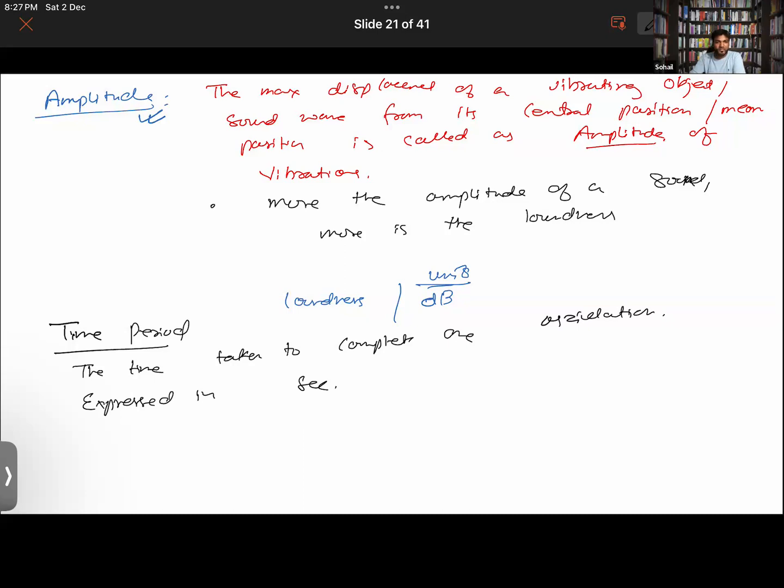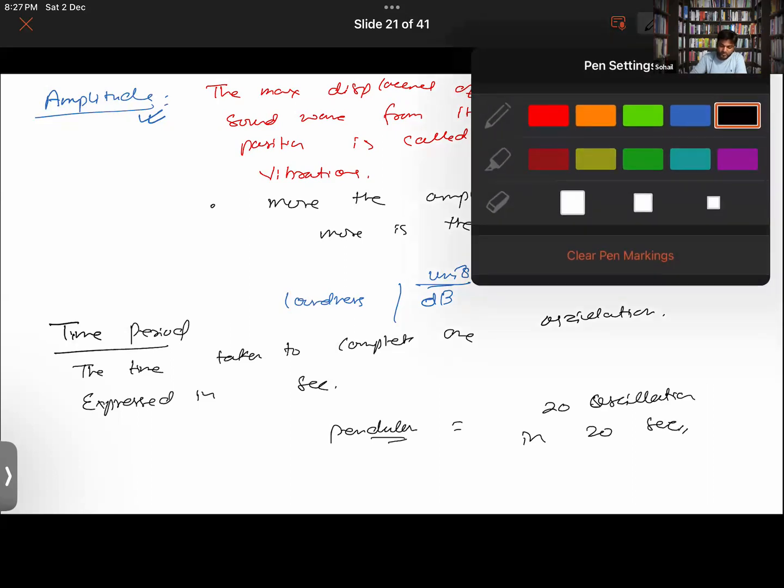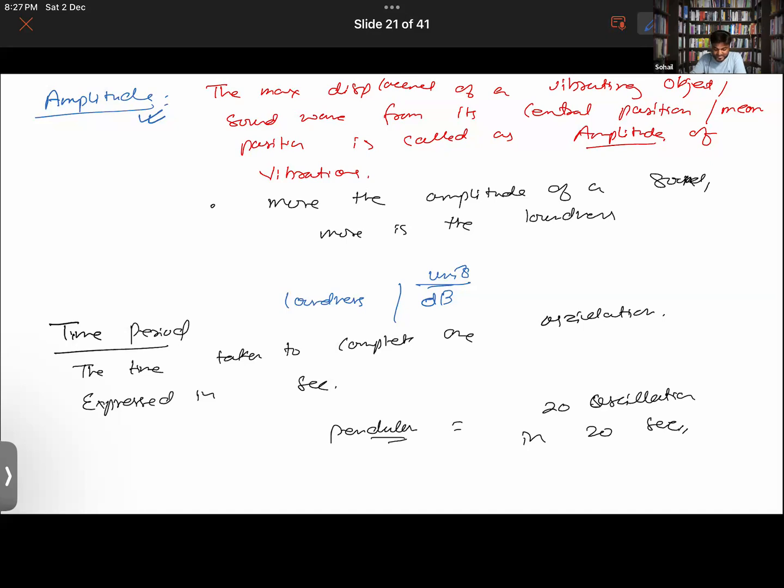So for example अगर मैंने कहा कि एक pendulum है, it's a pendulum that does 20 oscillations in 20 seconds. So what would be the time period of this? 1 second. Very good.